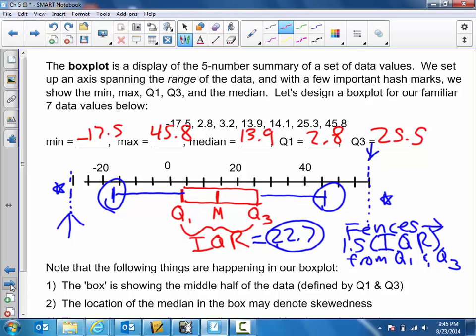It has given us the marks for the cutoff where 25% of the data is less than our quartile 1, 50% less than our median, and 75% less than our quartile 3. And with these whiskers, it's also given us some sense of where the min and the max are.